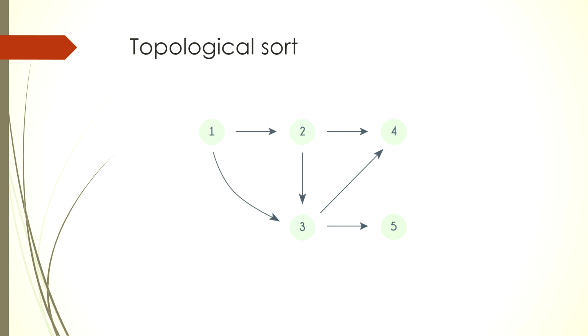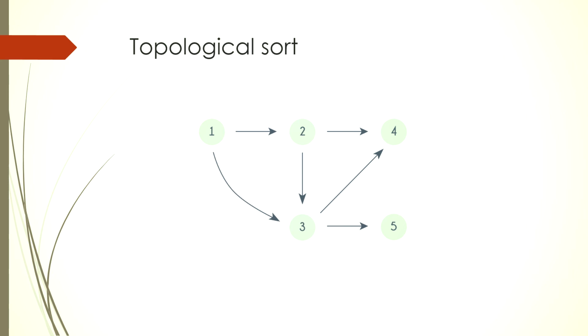For example, consider the given graph. Topological sorting of this graph is 1, 2, 3, 4, 5. There are multiple topological sortings possible for a graph. In order to have a topological sorting, the graph must not contain any cycles.